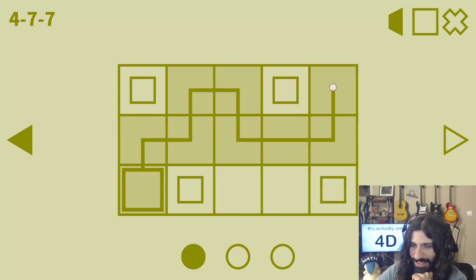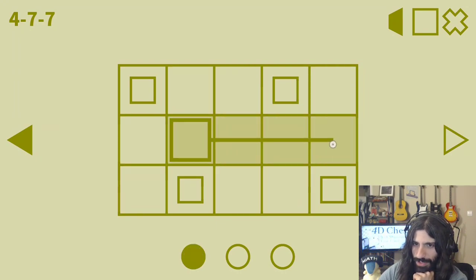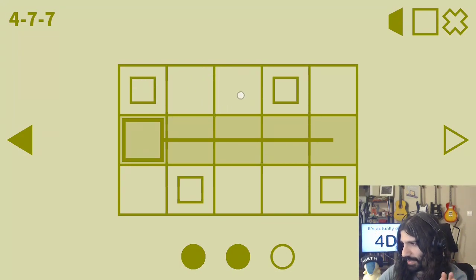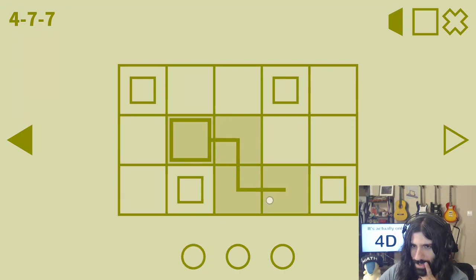Okay, but we've got that it's like 2 parts of a square. Is it always two? I think it's always 2 parts. How do we make a square out of this? Okay, so the square has to be a 3 by 3 square, right? How do you make a square?